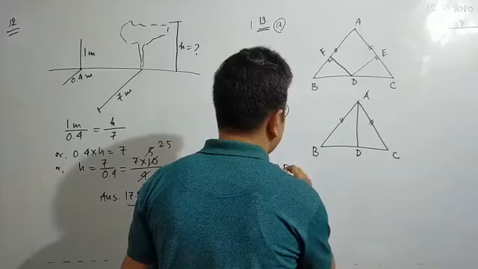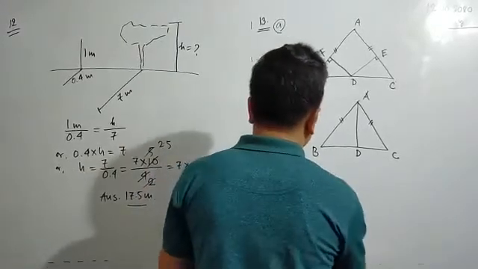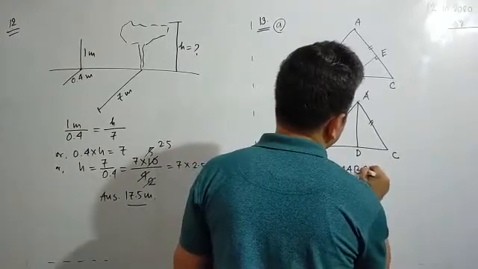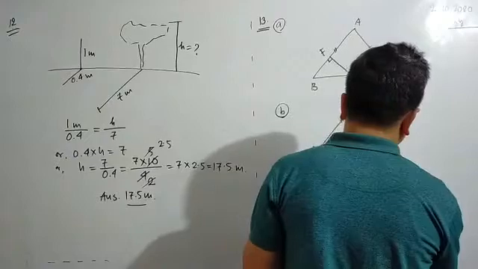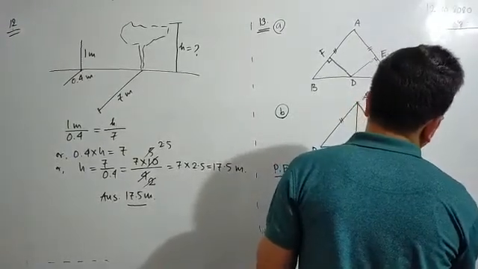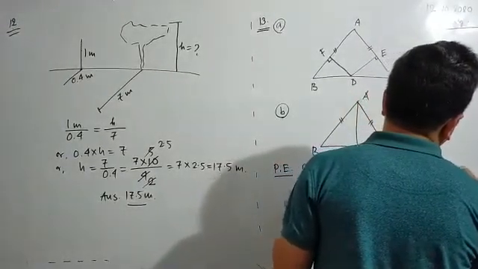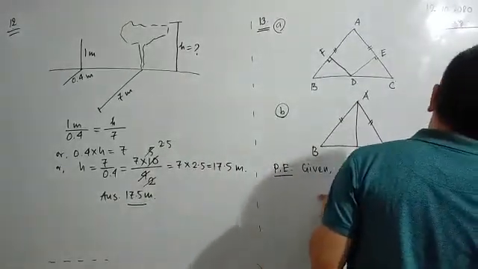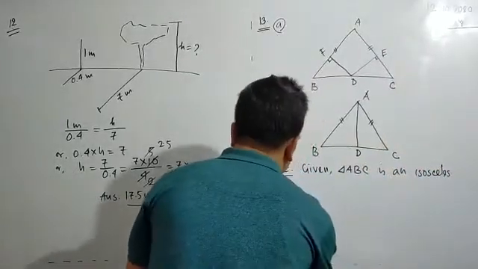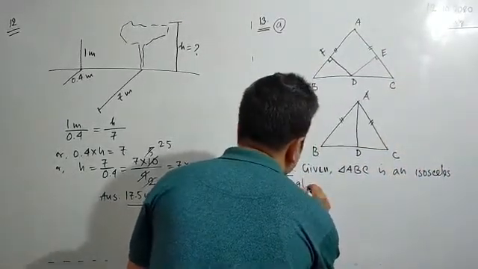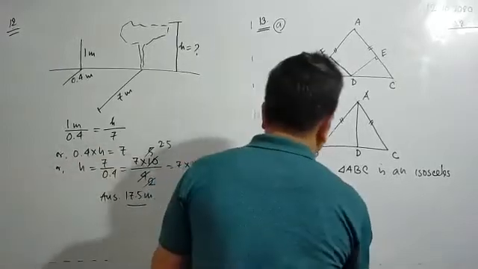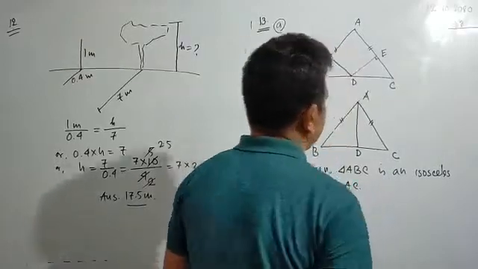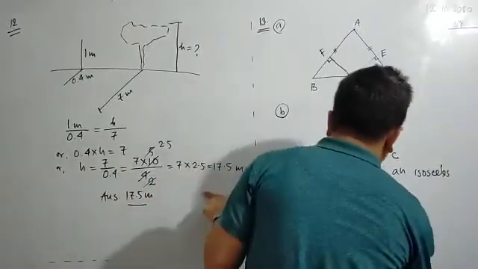Given: ABC is an isosceles triangle, AB equals AC.